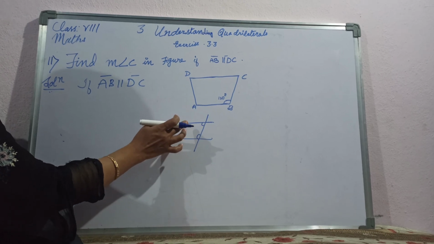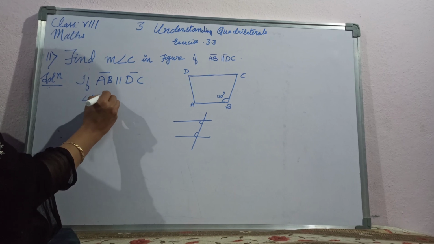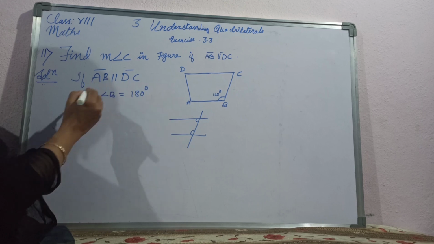As per this, we can write angle C plus angle B is equal to 180 degrees.